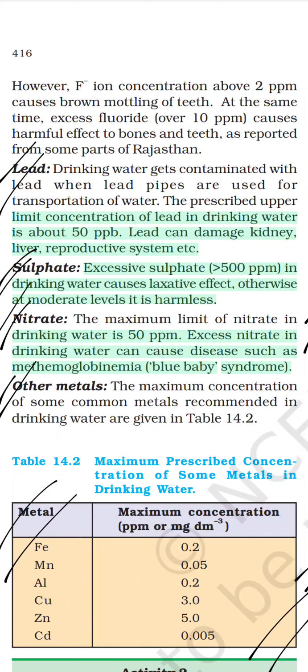The prescribed upper limit concentration of lead in drinking water is about 50 ppb. Lead can damage kidney, liver, reproductive system, etc.